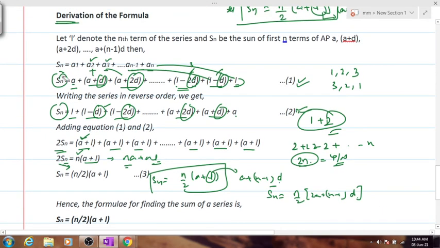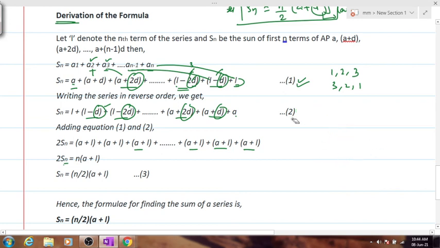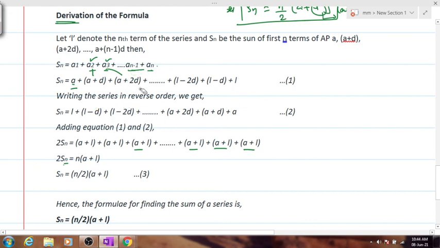Start copying everything properly and let me know if you have doubts in any of these steps. Copy everything down properly, otherwise you can take a screenshot of this also.